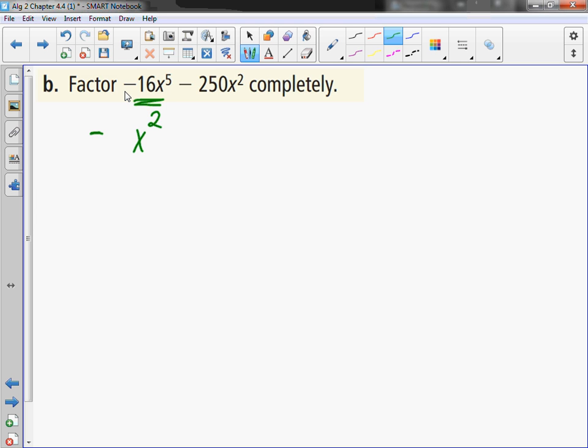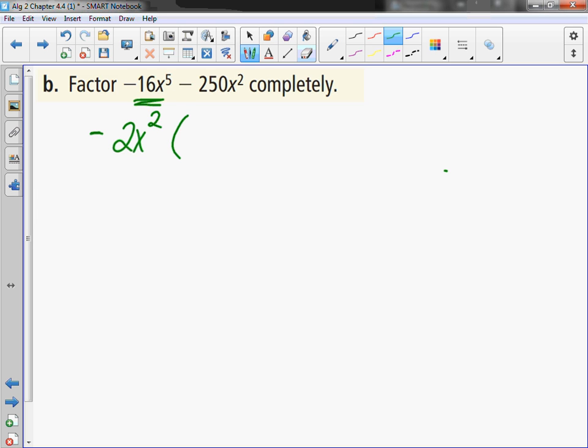Well, you can do 250 divided by 4. 4 does not go into it. So the biggest number we could have is negative 2x squared as the greatest common factor between both of these. So 2x squared is the greatest common factor, and we can factor that out.